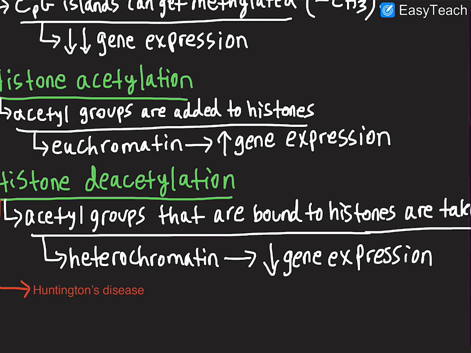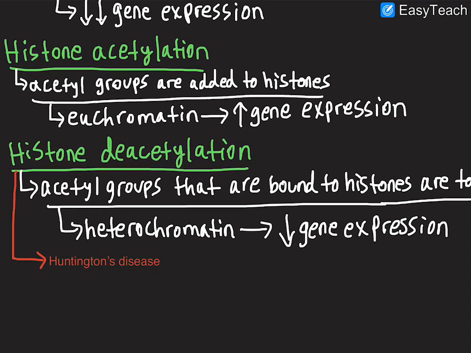But if you take those acetyl groups out, now you have a strong interaction again between the positively charged histones and the negatively charged DNA. Okay? So knowing that, we now know that histone deacetylation is related to decreased gene expression, okay? Because now you form heterochromatin if you deacetylate something.